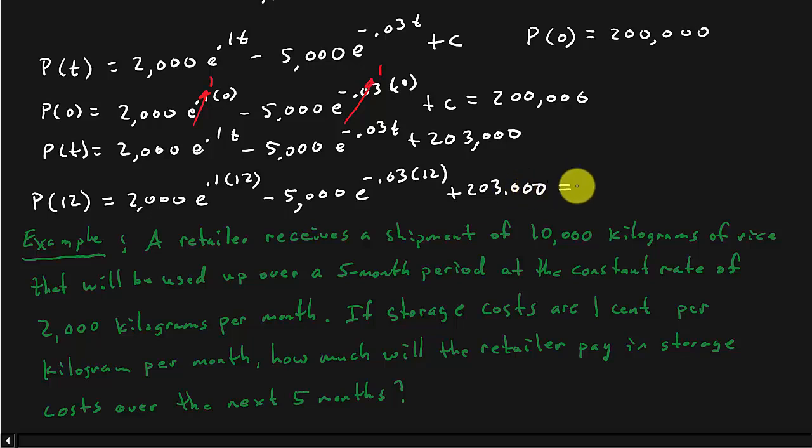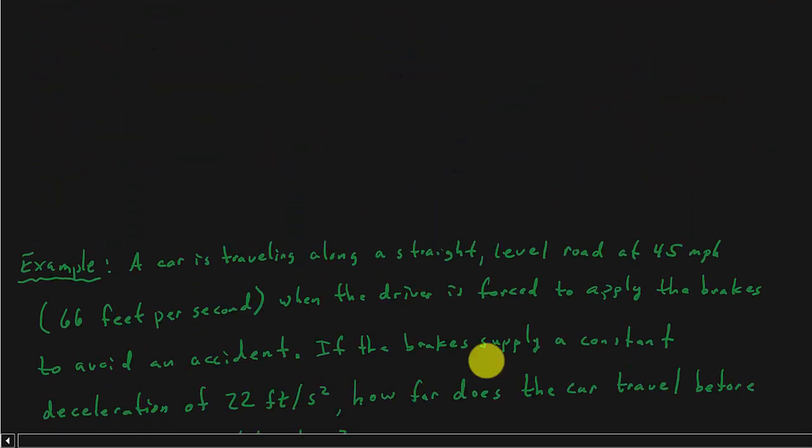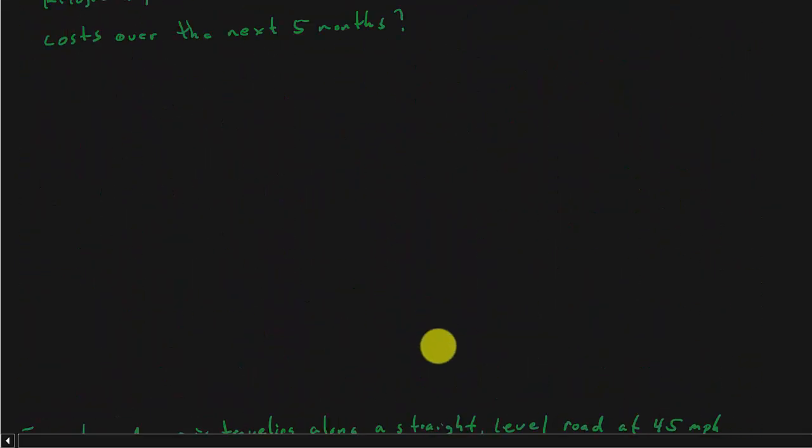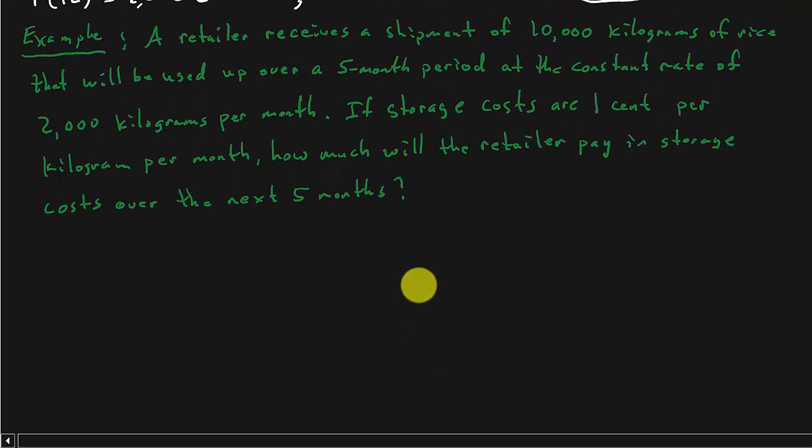And when you punch all that into your calculator, and this is going to be a rounded solution, 206,152 would be the population. All right, I think now we've got 2 more examples and we will be done.